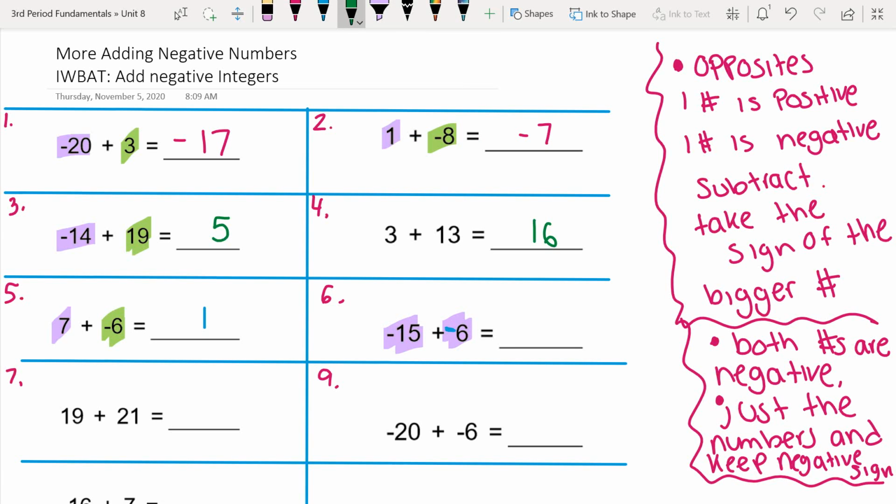So now they're both negative numbers. I'm going to look down here where it says both numbers are negative. We just add the numbers and keep the negative sign. Well, we're just going to do 15 plus 6. That's 21. And because they're both negative, they just stay negative. So my answer is negative 21.